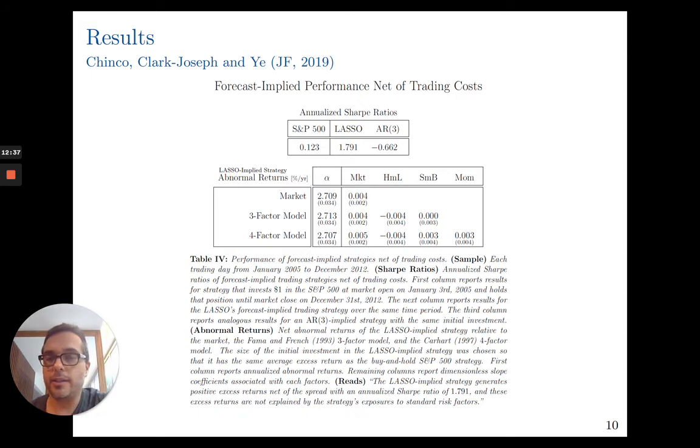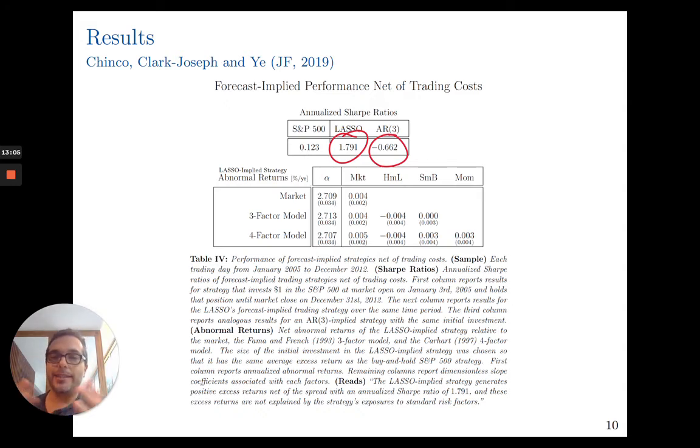The S&P has a Sharpe ratio of 0.12. The Lasso has a Sharpe ratio that's more than 10 times higher. See here, 10 times higher. And the AR3, so if we use just the signal from the firm, the pulse of the firm, we have negative Sharpe ratios. So we are losing money, okay?